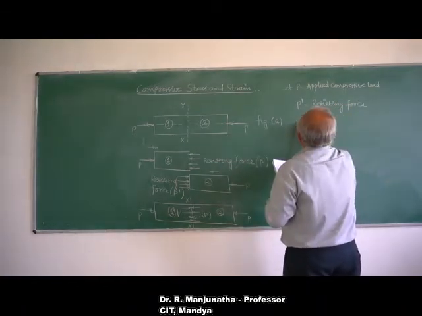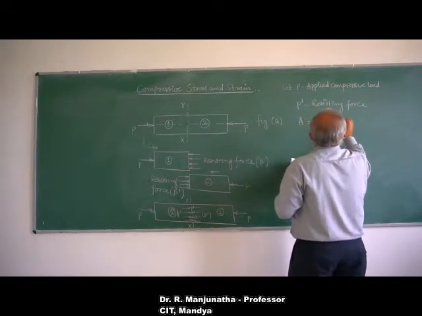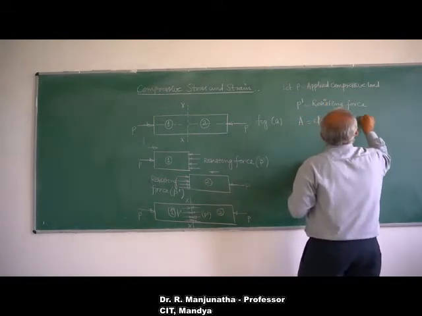Then A will be the cross-sectional area of the member or the bar.